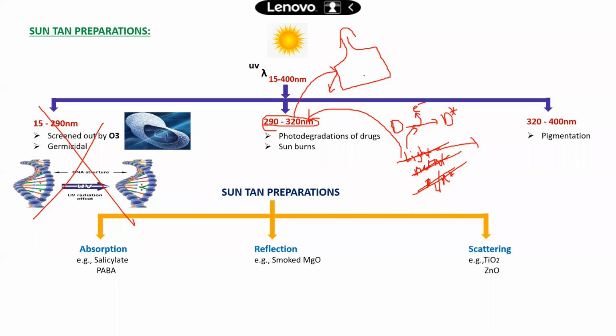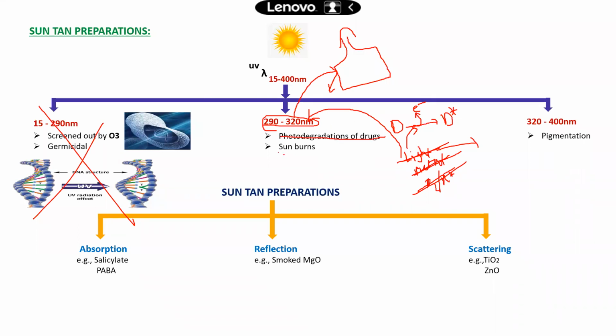Now for an example of a light resistant container, you can say amber color glass.